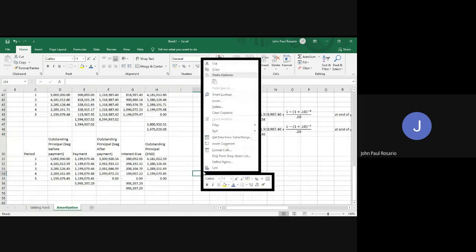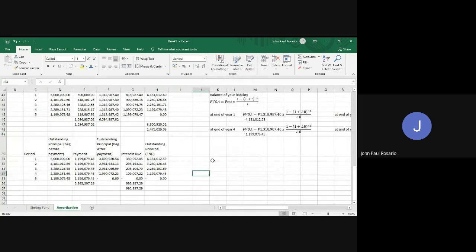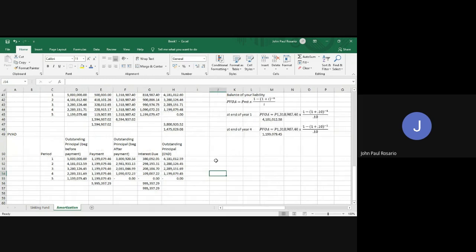Now, ang question is kung unsa ang mahitabo if a present value of annuity due ang given values, no? So since kung mag-balance of liability lang ta, formula lang gyapon ta at the end of the first year. First year. Okay.